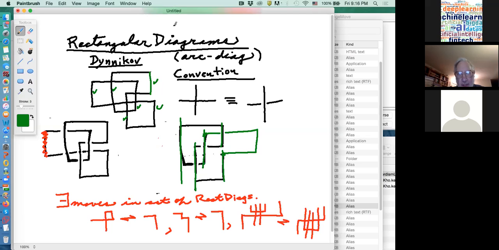So we'll call the complexity of the diagram equal to the number of vertical arcs. And of course, that equals the number of horizontal arcs.